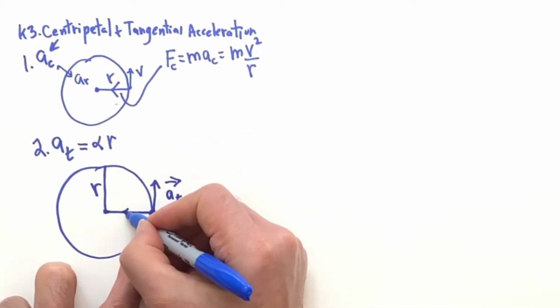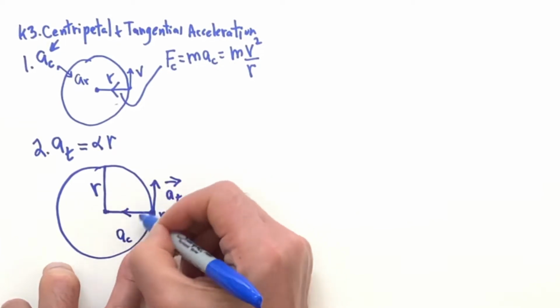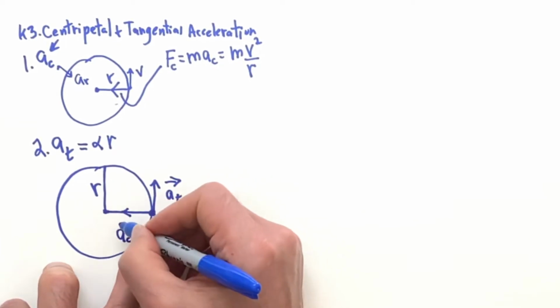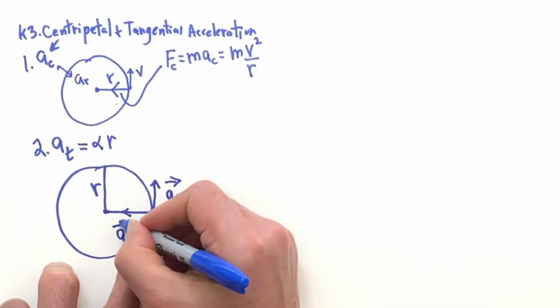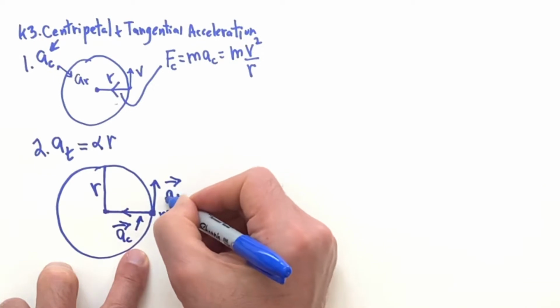And then here, I'm going to put the direction this way. This is toward the center. It's always the case with the centripetal acceleration, it's going to be toward the center. So if I draw toward the center, I can then draw a little vector like that, and there's that vector.